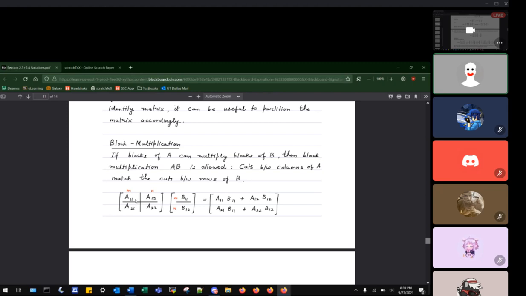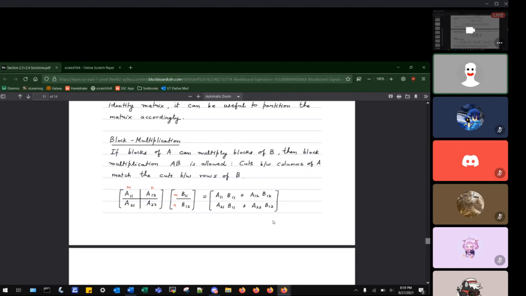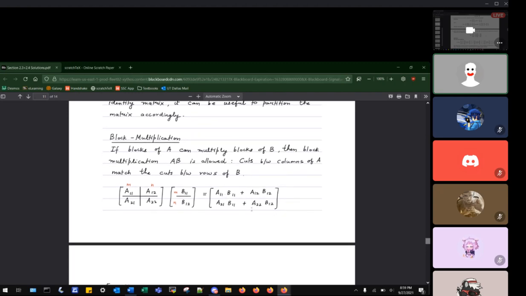You multiply the chunks first, and then you expand them. So, for example, this 2 by 2 block matrix times this 2 by 1 block matrix would give you a 2 by 1 block matrix. And then once you finish multiplying, you'd re-expand the block matrix.